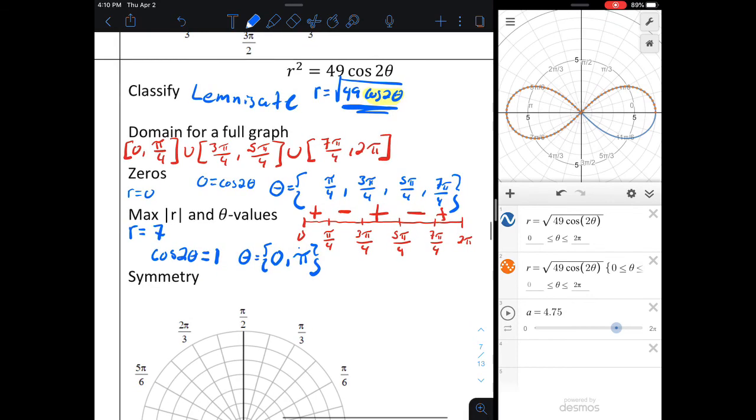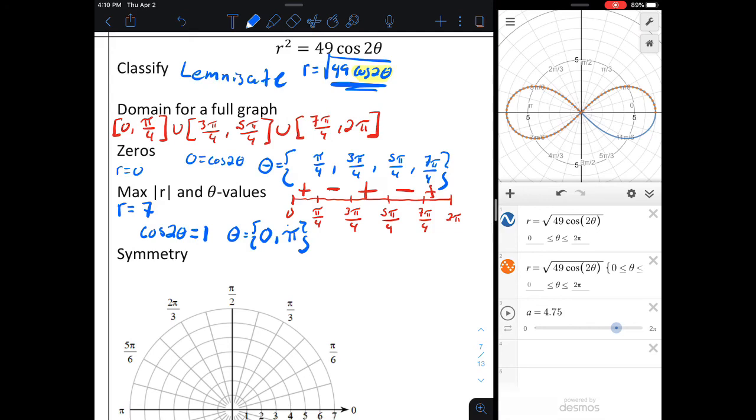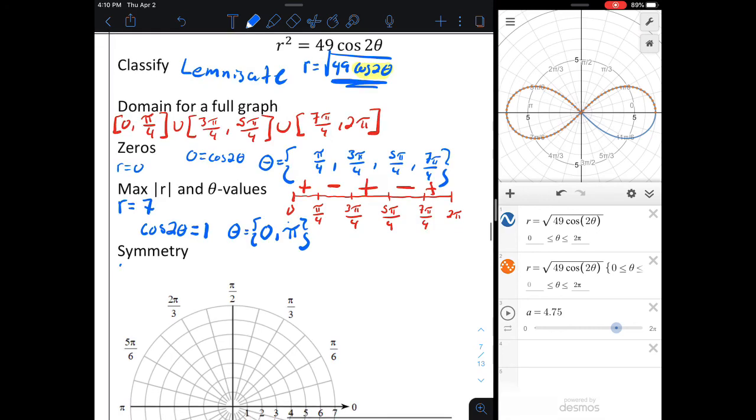And the last thing we have for our analysis is to talk about symmetry, looking at this curve here. It is symmetric over the polar axis. It is symmetric over the vertical line theta equals pi over 2. And it's also symmetric if I fold it over both of them, which we'll call symmetry over the origin, or the pole.